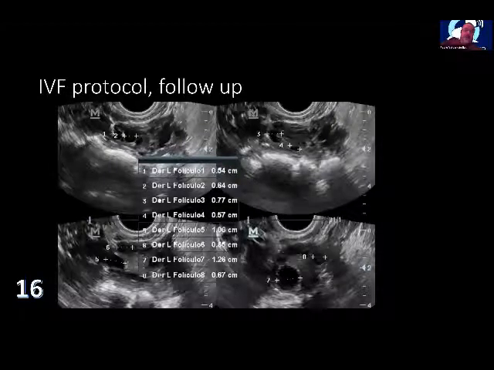Anyway, the IVF protocol needs most of the times a follow-up. Here we see wider follicles. This is the 7th measurement, a 12 millimeter or 1.2 centimeter diameter dominant follicle, and all the rest are smaller.